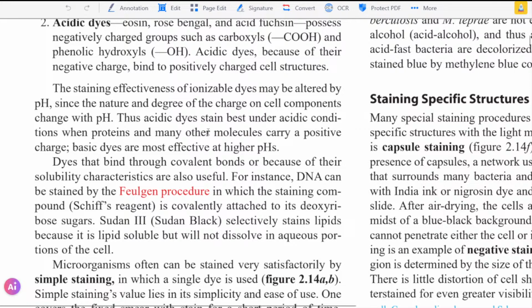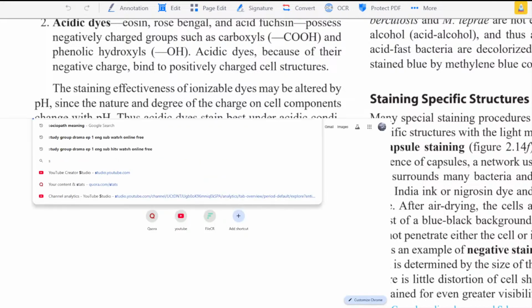Deoxyribose means oxygen is missing from the sugar. It is covalently attached to the Schiff's reagent. I don't know what the Schiff's reagent looks like, so let's go and see what it is.